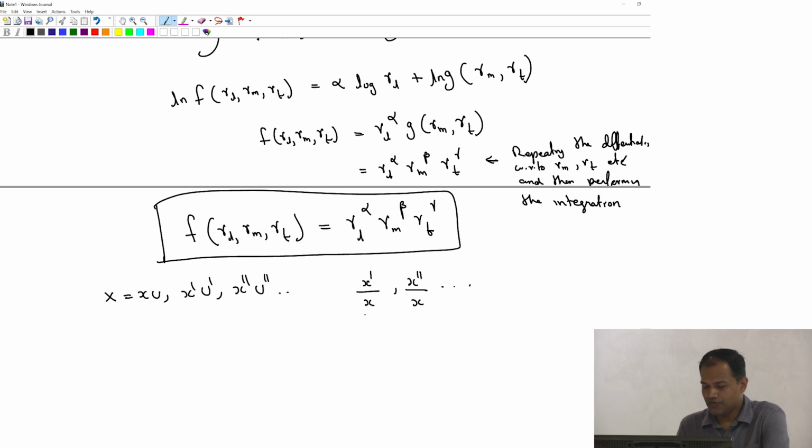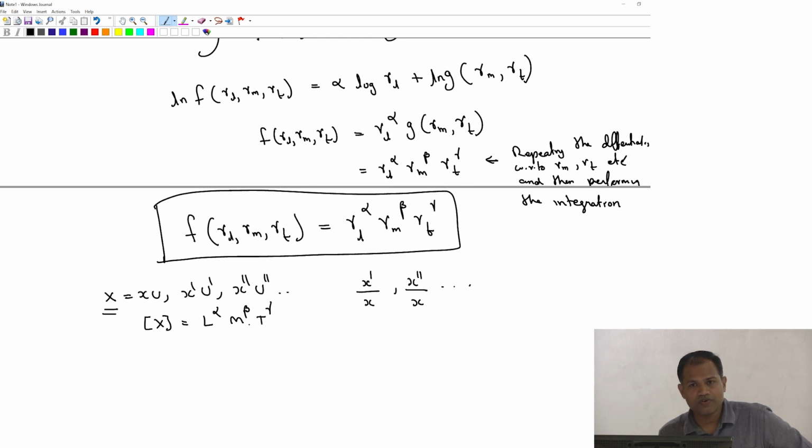Now, if the reduction ratios are going to be power law expressions, then the only way is that x has to have the form L to the power of alpha, m to the power of beta, t to the power of gamma. Only then will the reduction ratio have this power law expression, right?